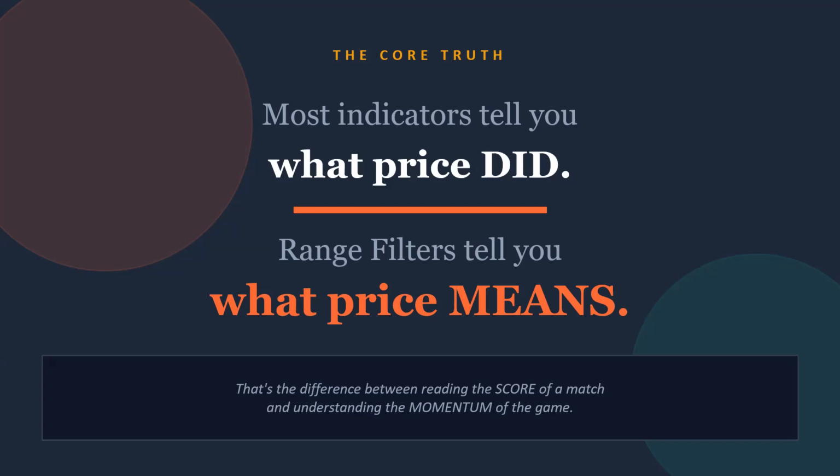You need that. So range filters will tell you what price means. That is the difference between reading the score of a match and understanding the momentum of the game. You need to read the momentum of the game, not just the score of a match.